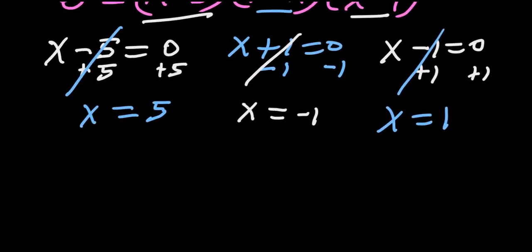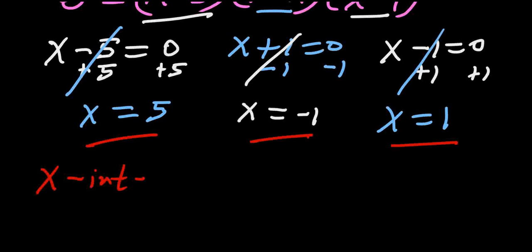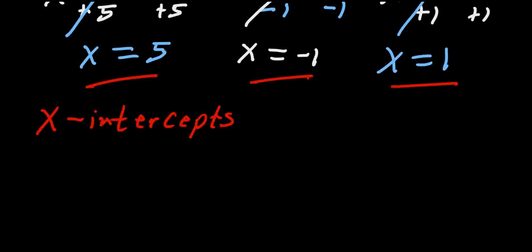Now, these are the zeros of the function, and you can also call them the roots of the function. Now, to write the x-intercepts of the function, when x is equal to 5, y will be 0.